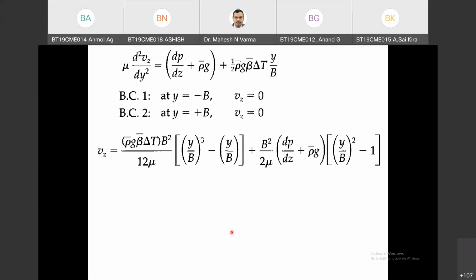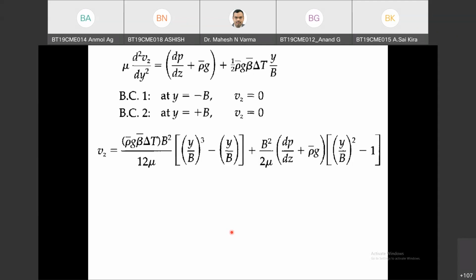Anybody got this equation? So you can write in chat box if you are getting this equation.